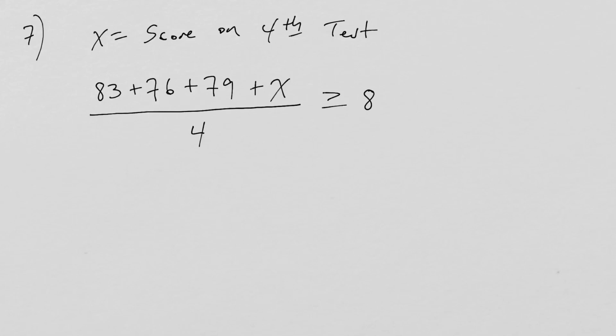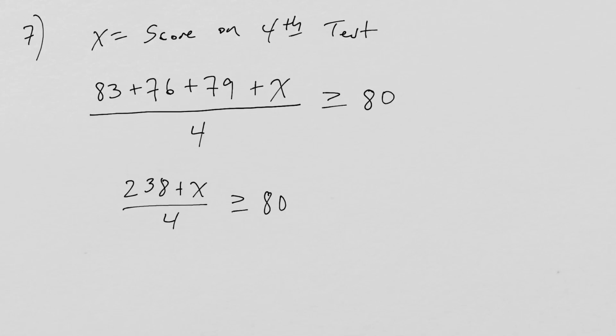So I'll add up all 3 numbers there. 83 plus 76 plus 79 is 238 plus x over 4 is greater than or equal to, oops, this was supposed to be an 80.